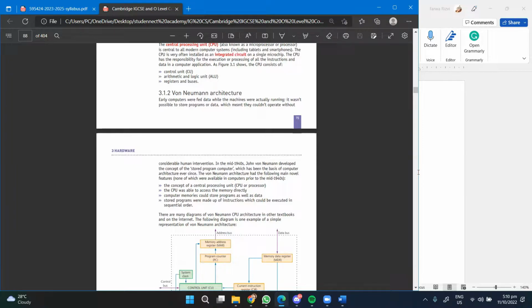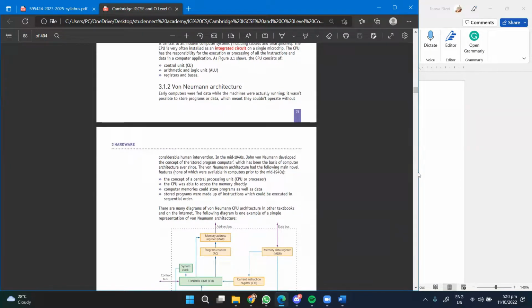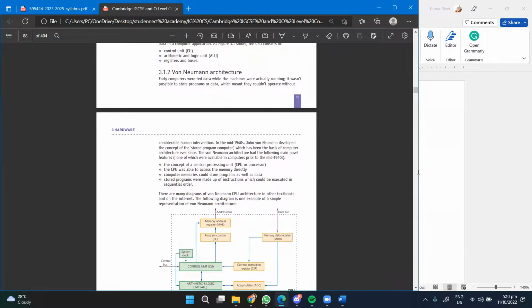So here, the central processing unit, the CPU, was able to access the memory directly. That is the new change that the von Neumann architecture brought in. And computer memories could store programs as well as data. So instead of just being able to store data and maybe do a few calculations, it would now be able to store the data in its memory and directly access it whenever the person wanted.